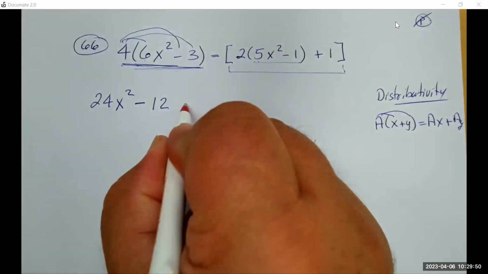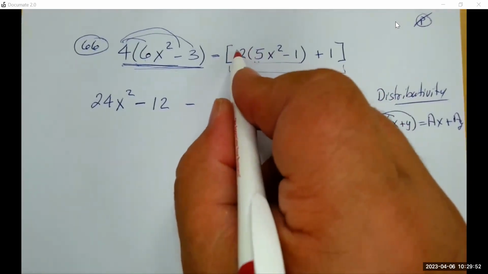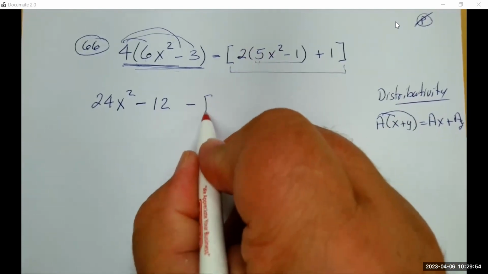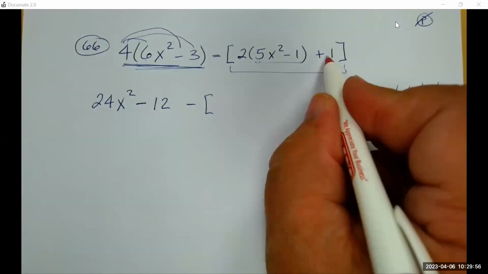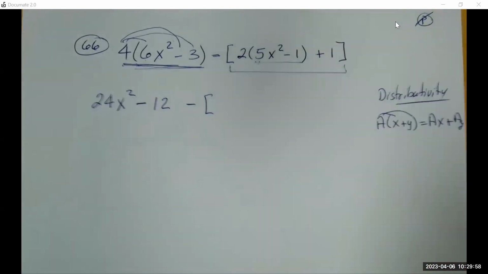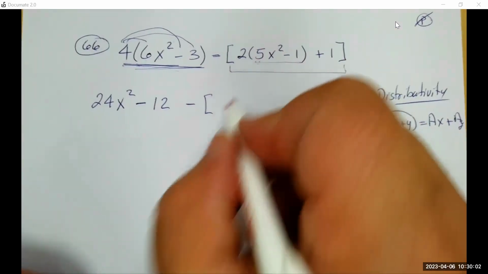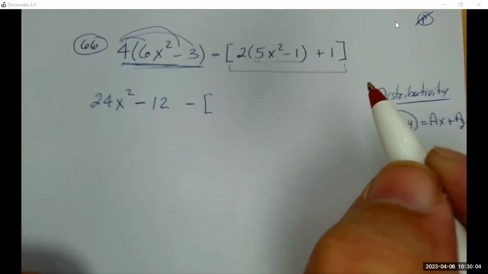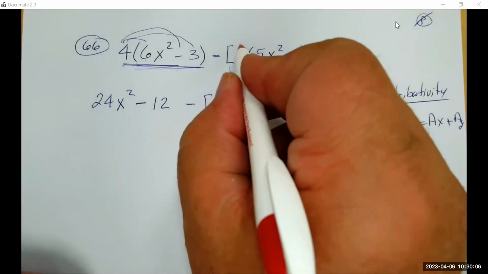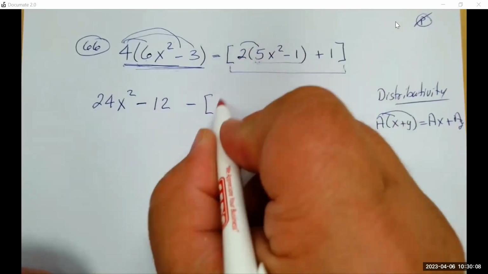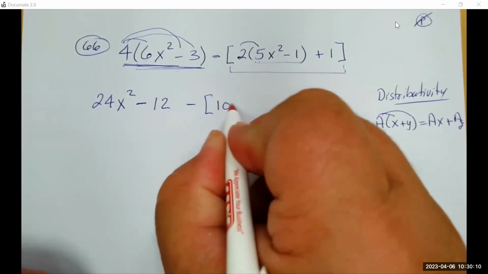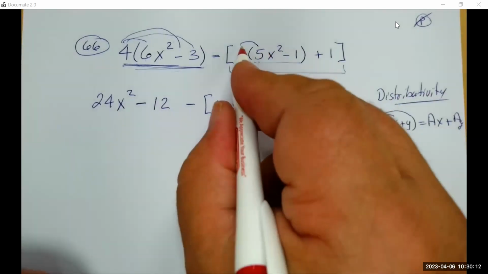We have a minus. But since this is a bracket, we have to do what's inside the bracket first. We cannot really remove the brackets until everything's fixed inside there. So what do we do inside there? Do the rainbow thing again. So 2 times 5 is 10x squared.